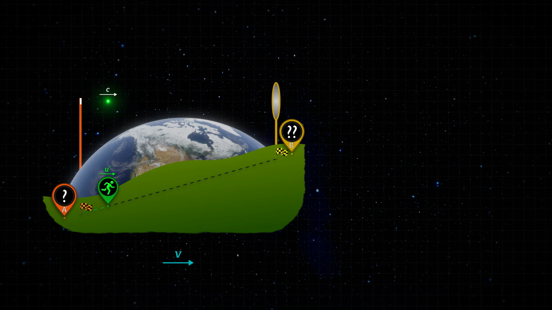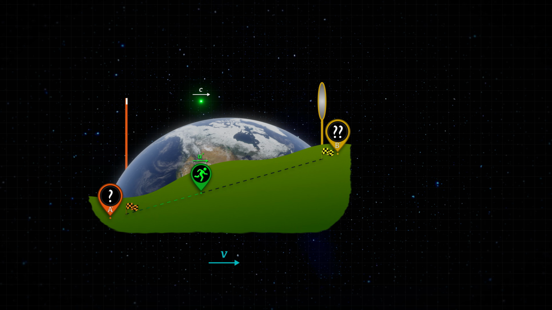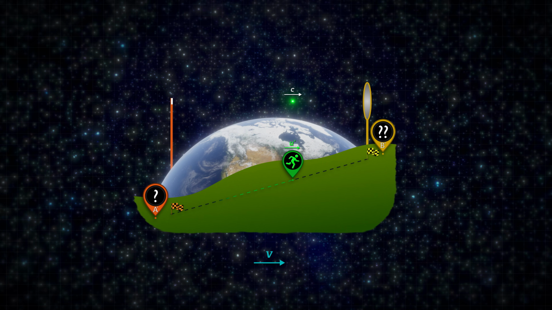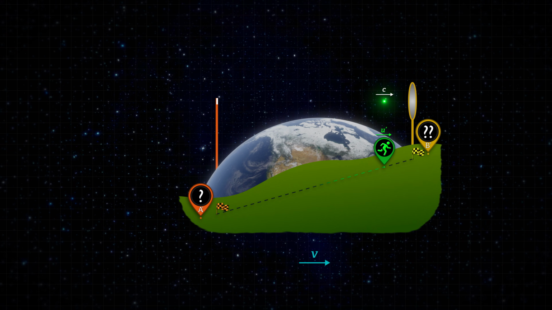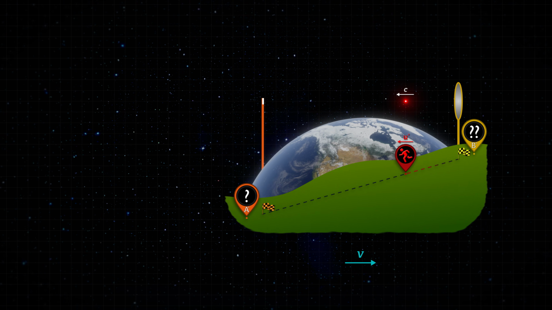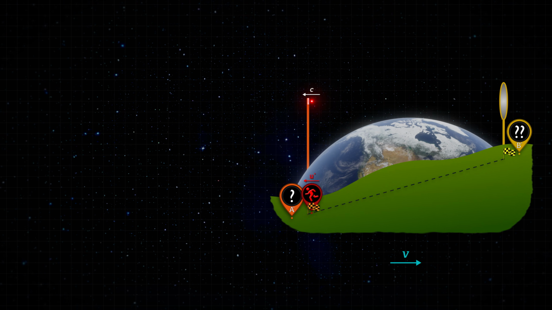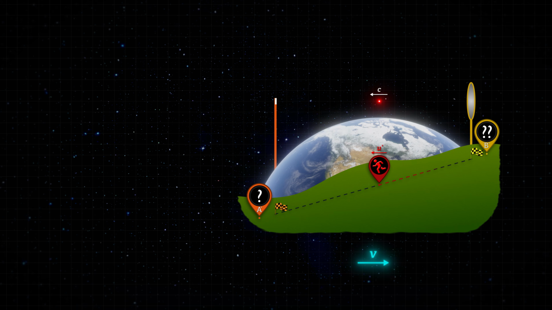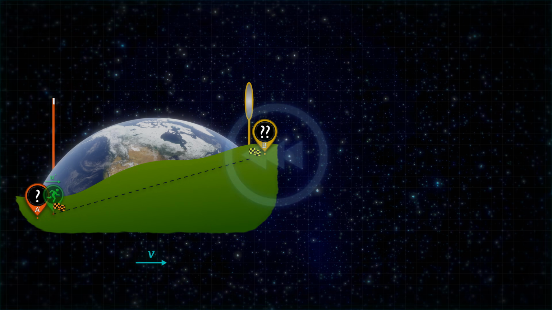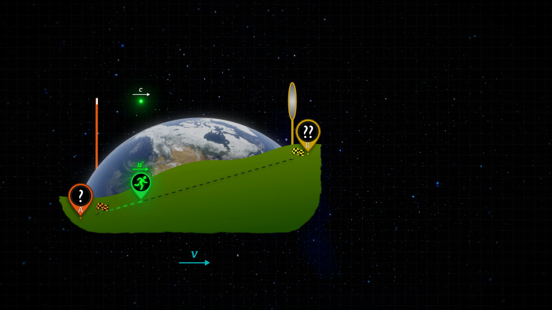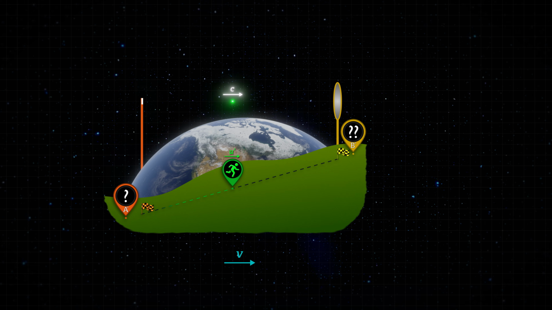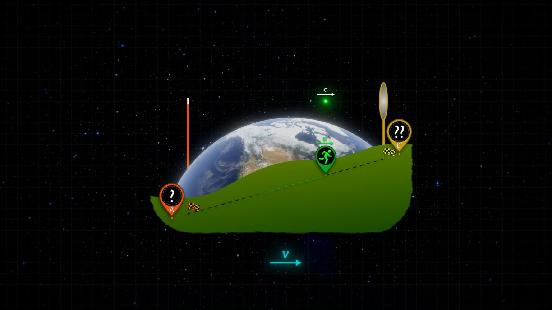Think of my slower uphill speed as being analogous to light speed in the direction that Earth moves through space. And think of my faster downhill speed as being analogous to light speed when light travels against the Earth's direction through space. In other words, imagine that when I walk slowly, I'm like a light signal pointing in the direction that Earth travels when it orbits the Sun.